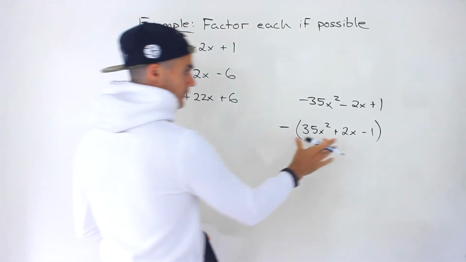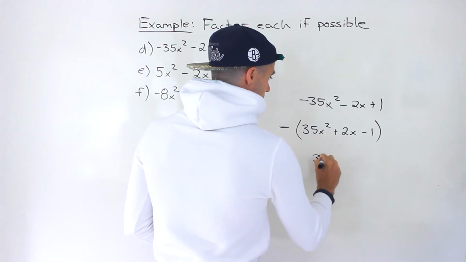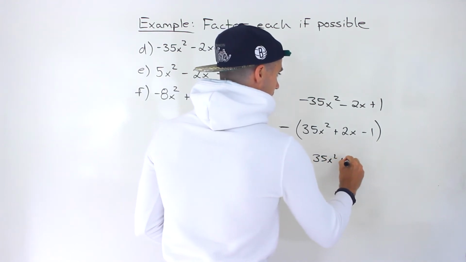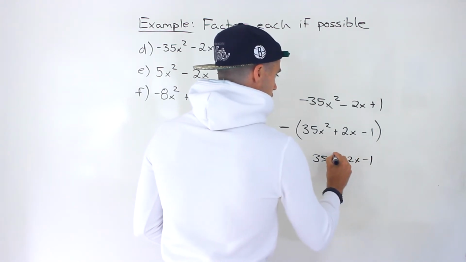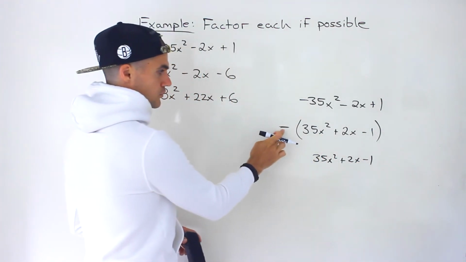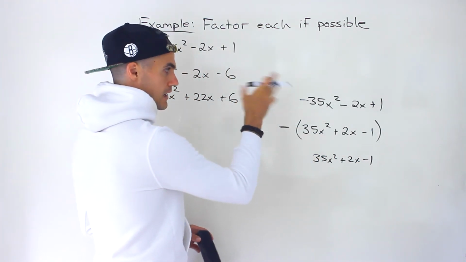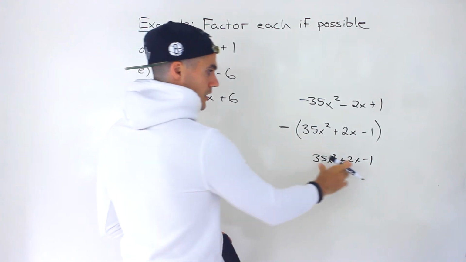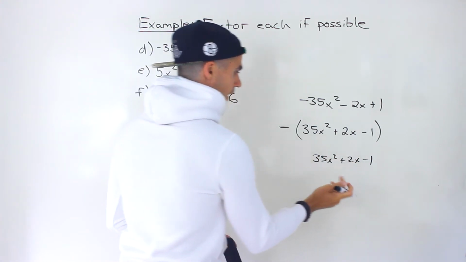And so from here, what I would do is now see, can we factor this quadratic over here in the bracket? So don't forget about the negative 1 in front for the main overall problem, but let's see if this bracket can factor further.